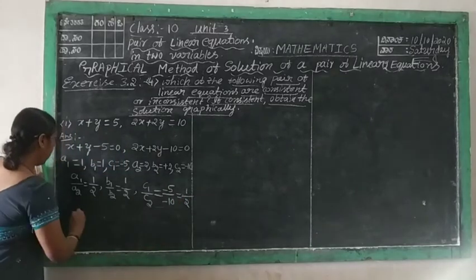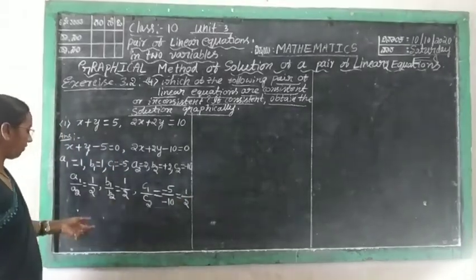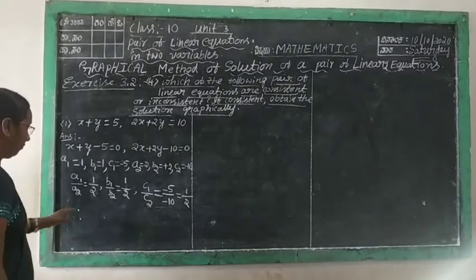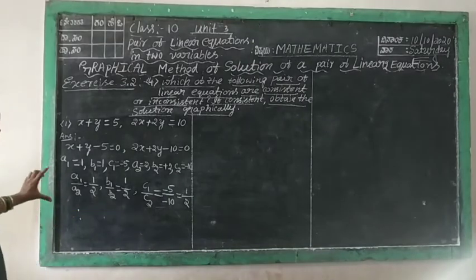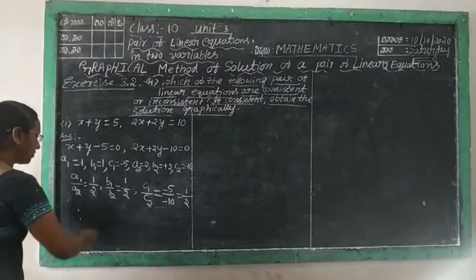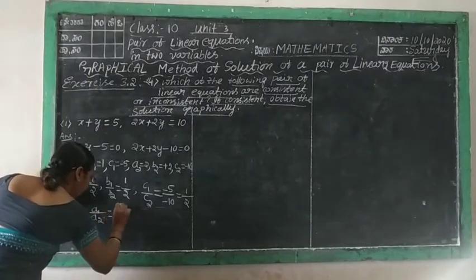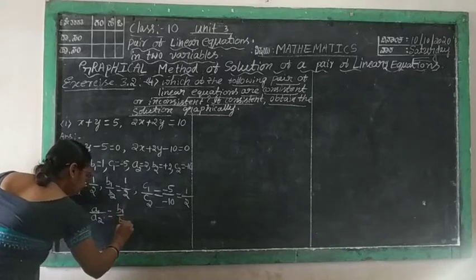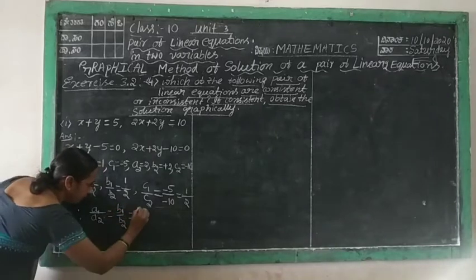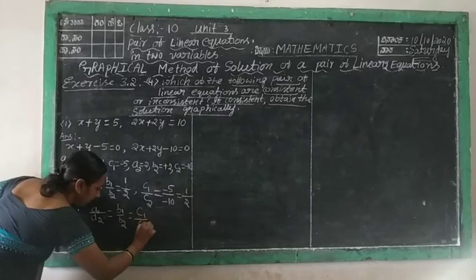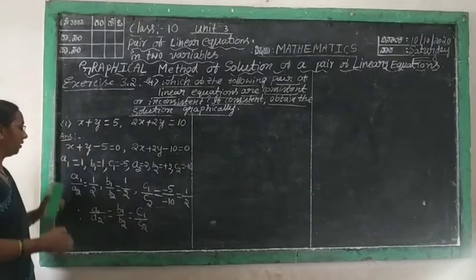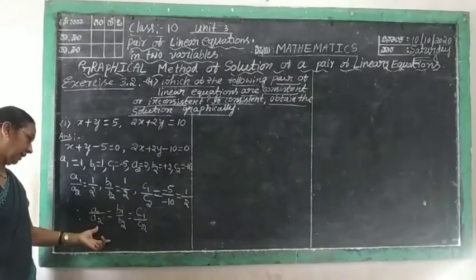Then we show here all three ratios. We note that all ratios are equal: a1 by a2 is equal to b1 by b2 is equal to c1 by c2. All ratios are equal.